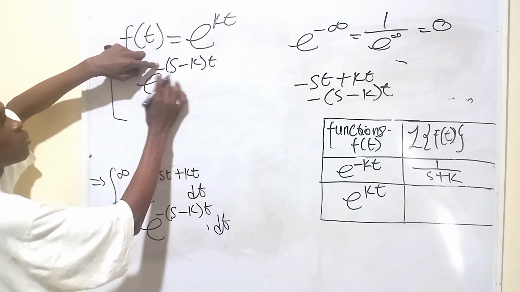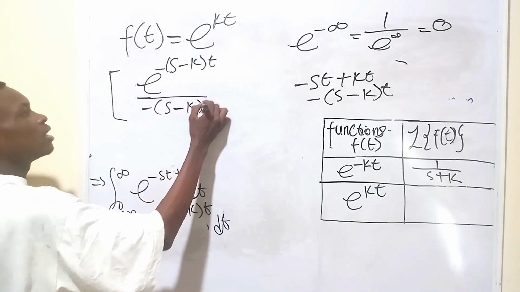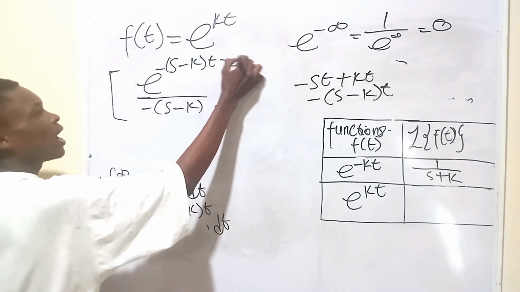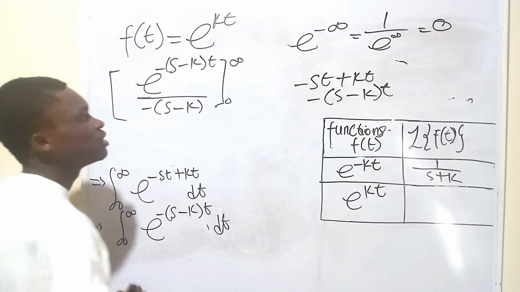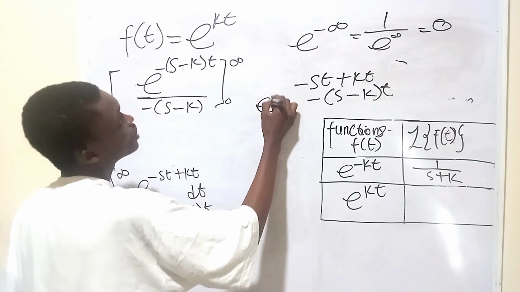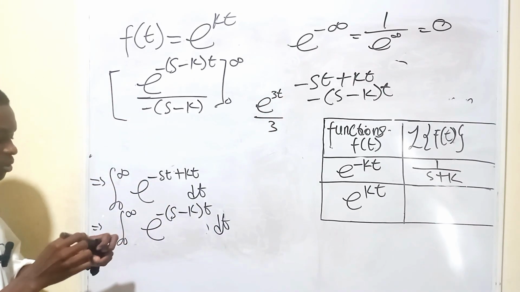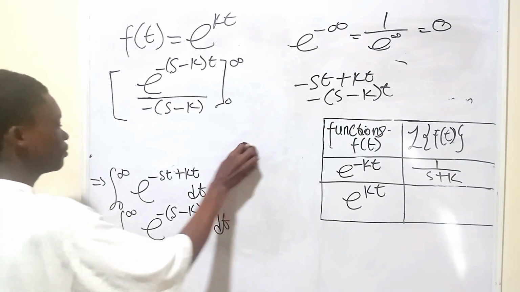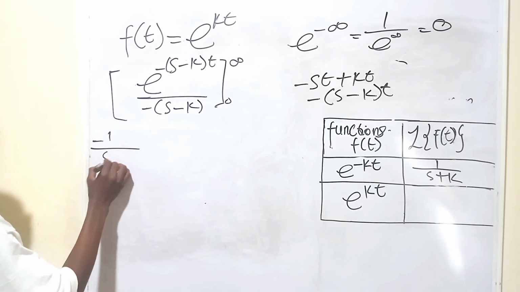If we integrate this, we divide by this, minus s minus k. Then we put our lower and the upper boundary. So from normal integration, if we integrate exponential 3t, you divide by 3. That's how it works. Clearly, what can we see? We can bring this outside. So this is minus 1 all over s minus k.